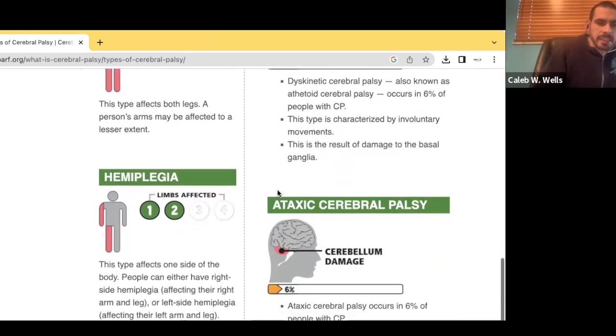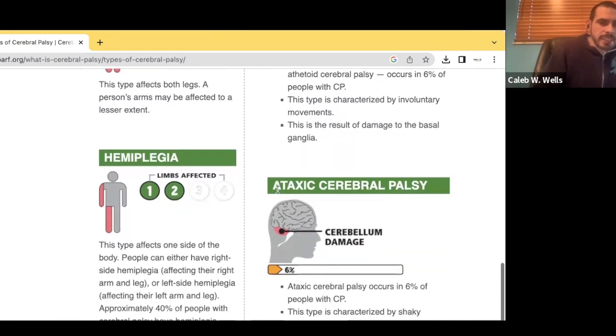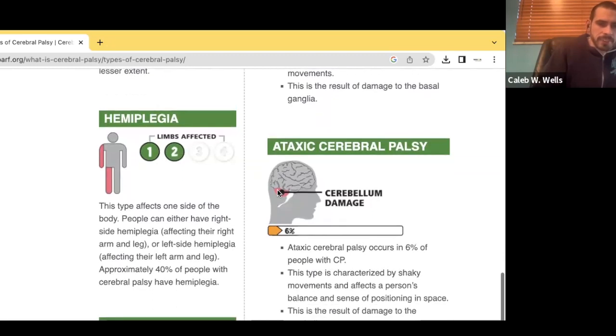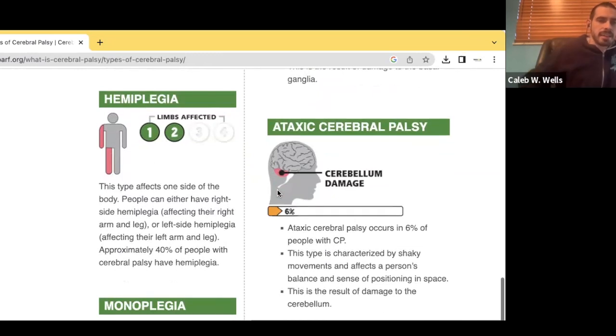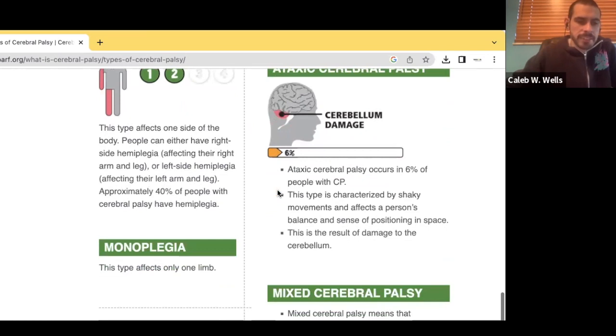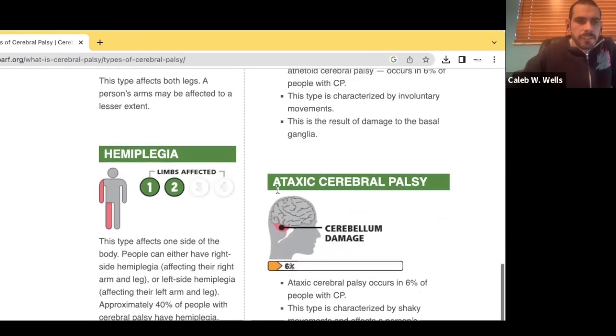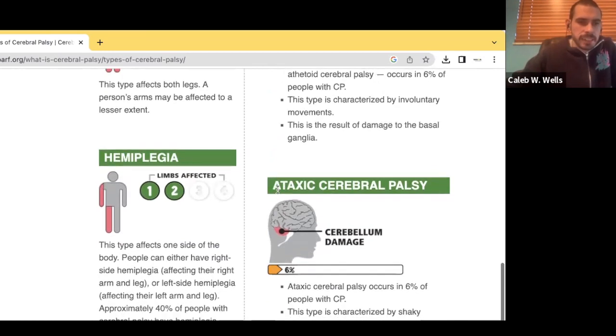And then there's ataxic cerebral palsy, which affects just the back part of the cerebellum and then part of the brain stem. And most of these individuals end up with monoplegia, which would only affect one limb, or hemiplegia on either side of the body.